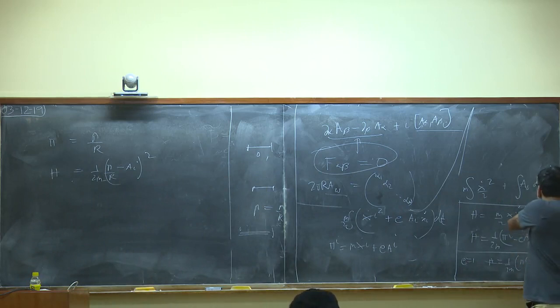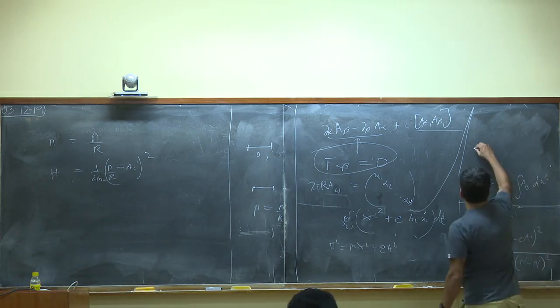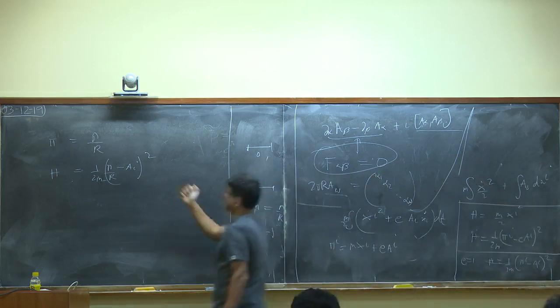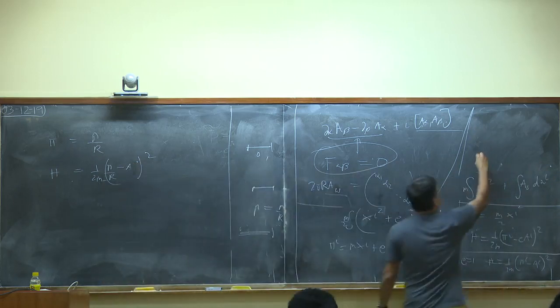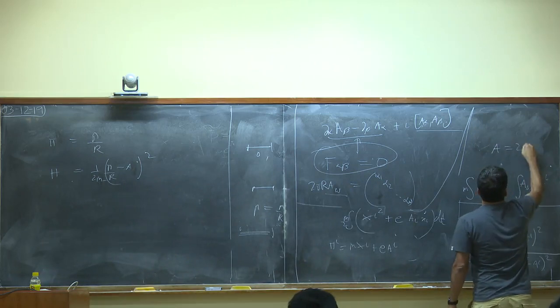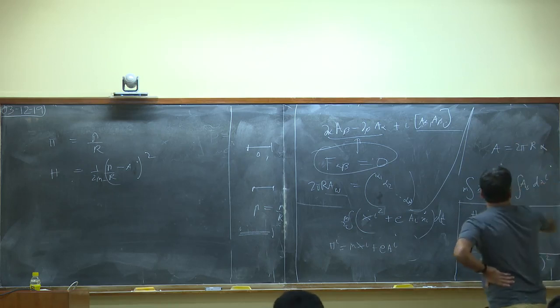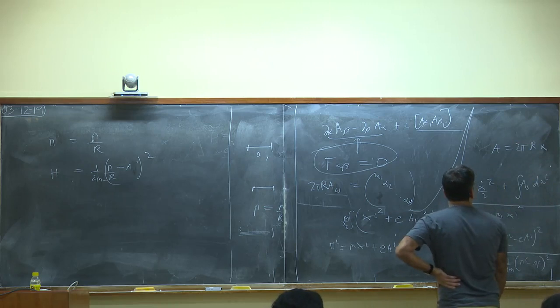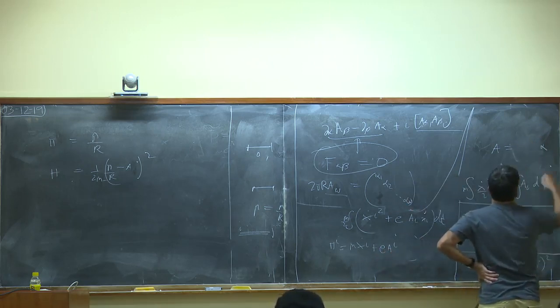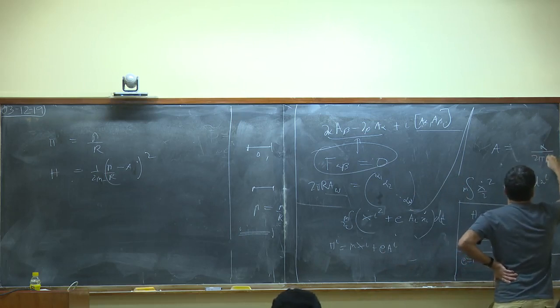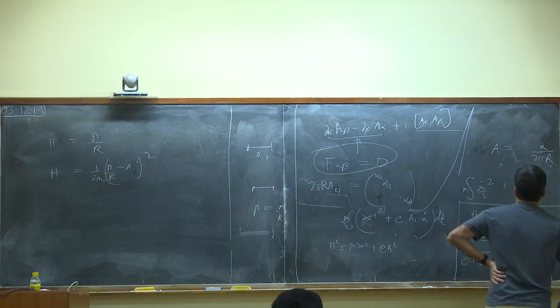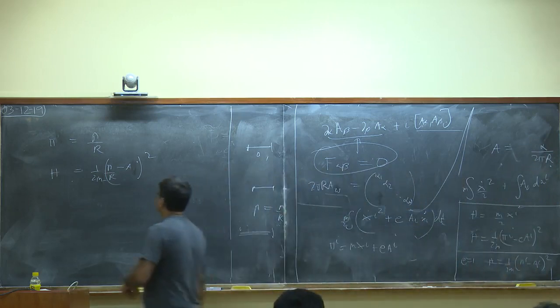Now if we substitute in A, so there's just one A, A times 2 pi r is equal to alpha.